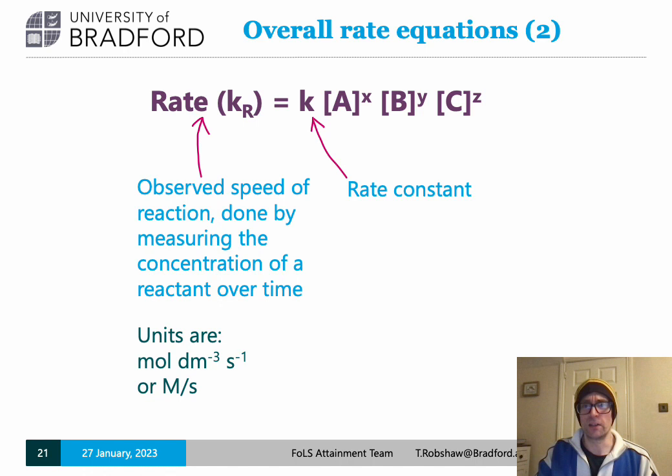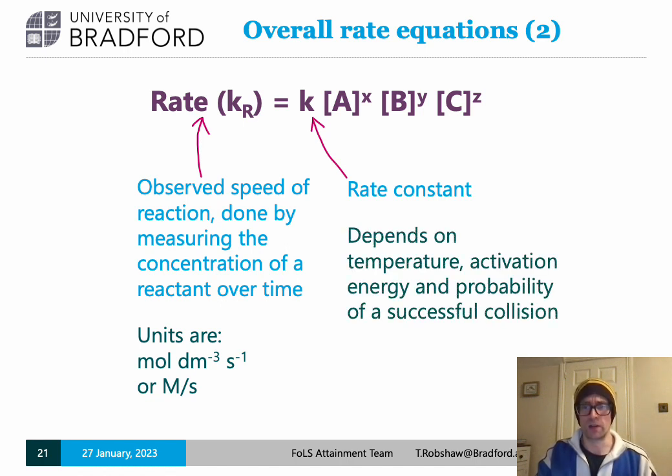The lowercase k term on its own is called the rate constant, and this term is really a combination of all those other factors influential to reaction rate that we previously talked about, such as likelihood of successful collision, temperature, and activation energy magnitude. It's a term specific to a certain reaction under certain conditions, and it can be worked out provided that you know all of the other terms in the equation by simple rearrangement of that equation.